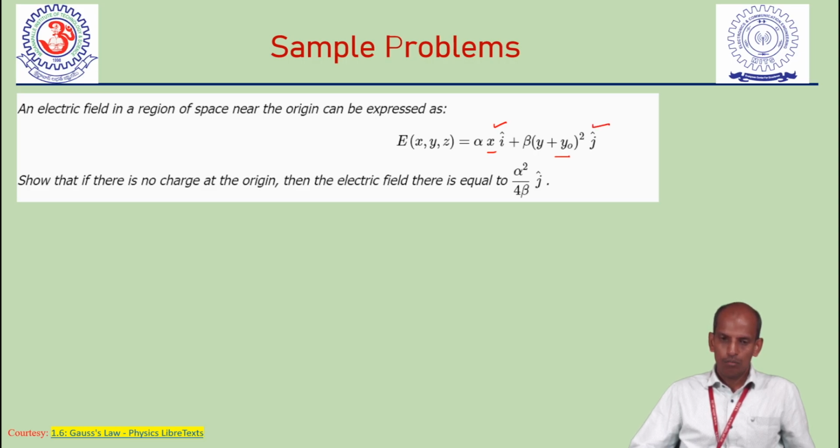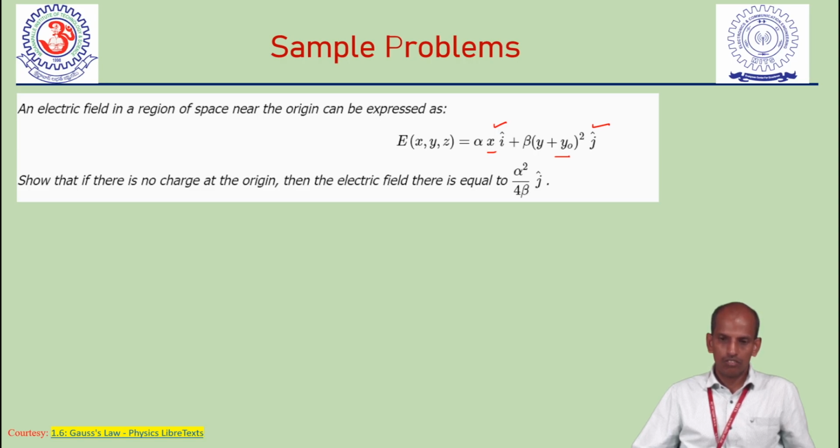The question is that if there is no charge at the origin, then the electric field is equal to this much. You can pause the video for a minute, try to solve it, and then verify your solution.